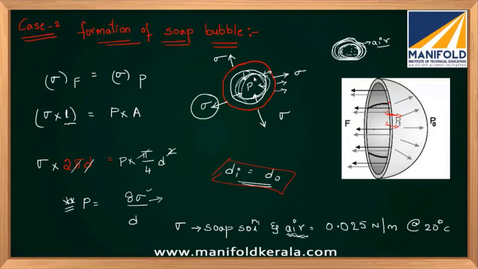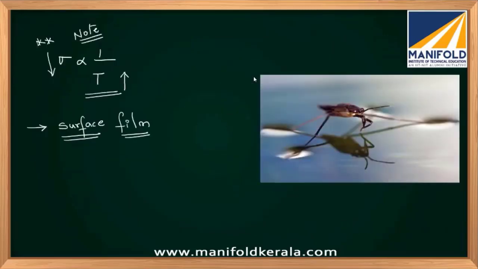One thing you students should always remember: the surface tension phenomenon only occurs with two different interfaces. Inside the bubble, no other interface will be there. The same homogeneous material, same homogeneous molecules will be there. No need to worry about it. Only surface tension acts on the surface. I already gave you the note point: surface film is nothing but your surface tension.